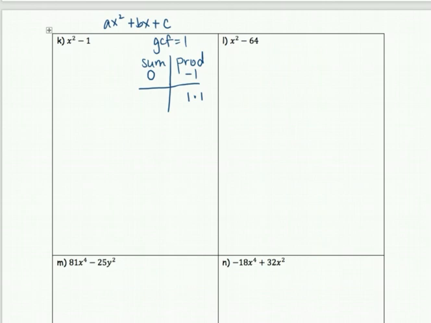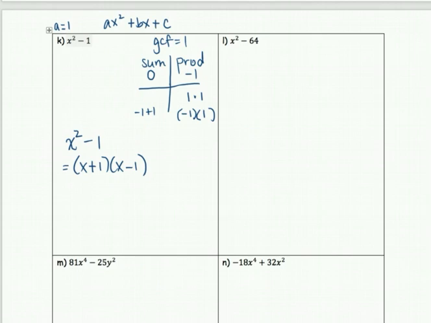I just need to figure out the sign. Since they're the same number, one of them is positive, one of them is negative. If I take a -1 and add it to a +1, I'll get a 0. So those are my two numbers. On top of it, you could use the trig method here if you want. This is a simple trinomial, so you could say x squared minus 1 is x plus 1, x minus 1.